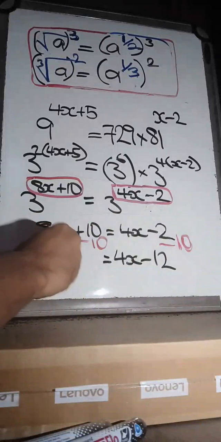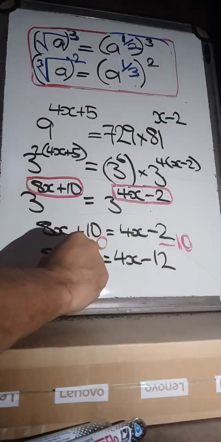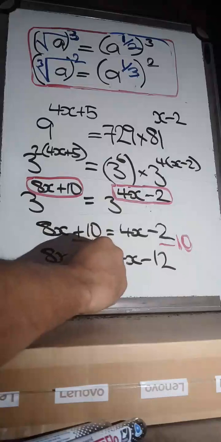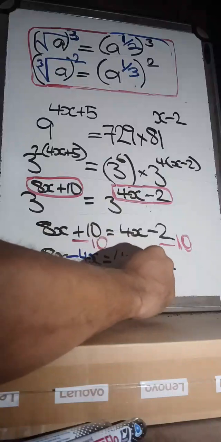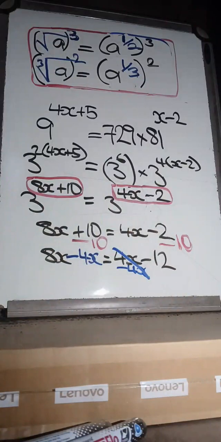And then we just have this. Now we're going to minus 4x from both sides. So we're going to have this. Now we will have 4x is equal to minus 12.